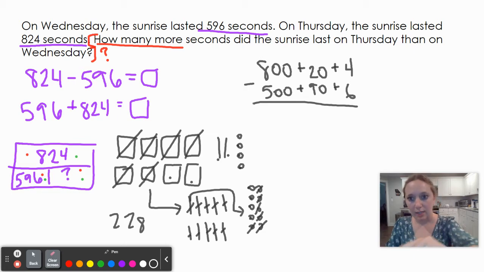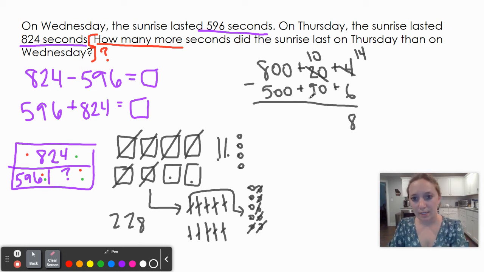Let's see. I could start with my ones. 4 minus 6, can't do that. So I would have to take a 10 from my 20. So now I have only one 10 left. And now instead of 4 ones, I have 14 ones. And that shows that right here. When I regrouped, I had 14 ones right here. So now 14 minus 6, I have 8.